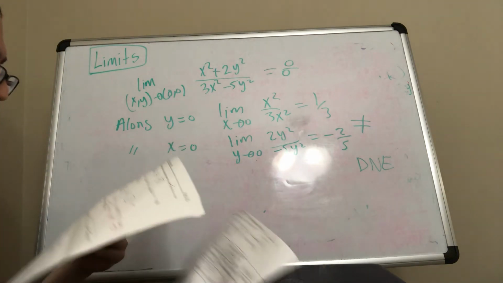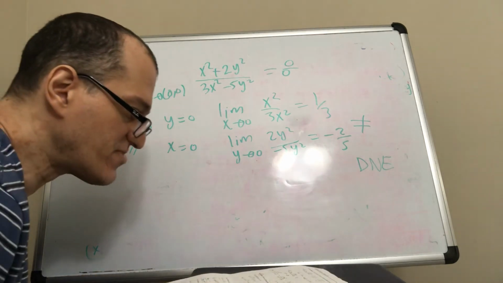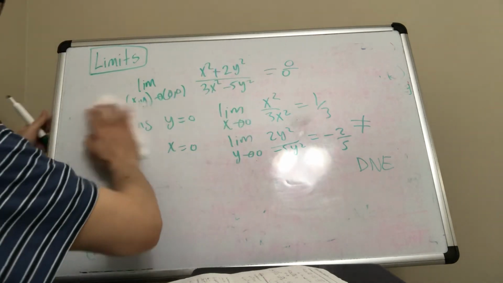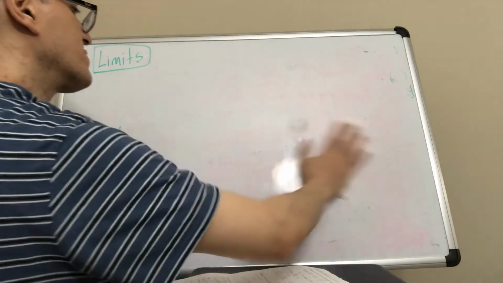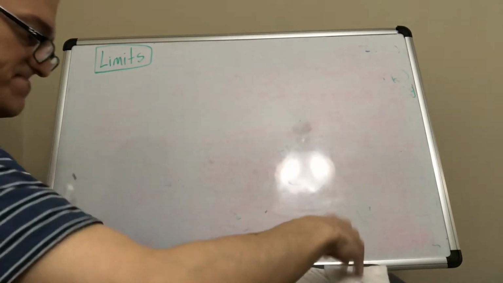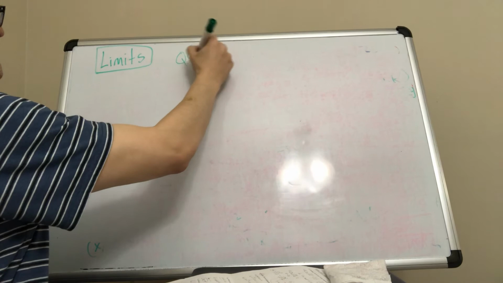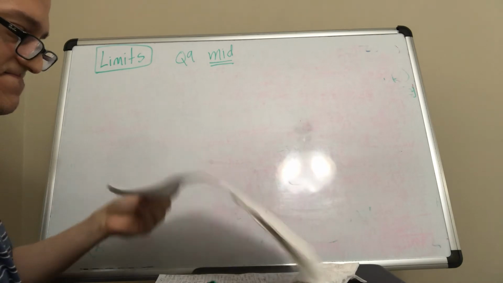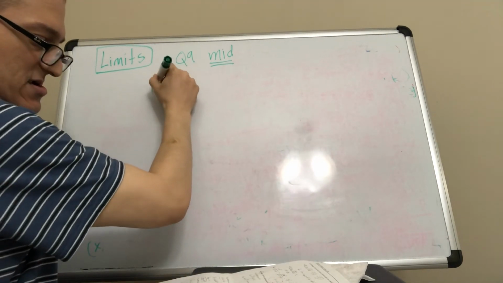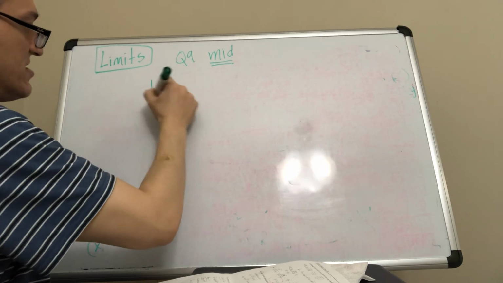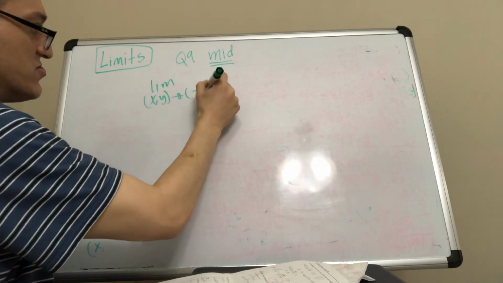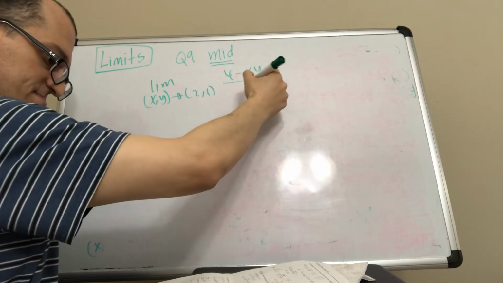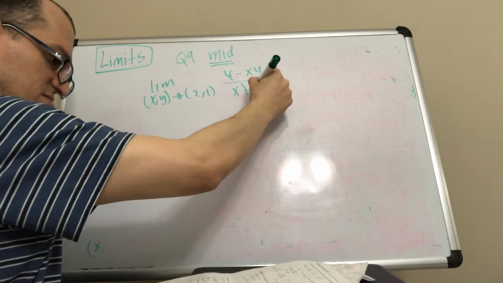I'll go to the midterm review. Question 9 in your midterm was the question involving limits. First one, limit xy goes to 2, 1, of 4 minus xy over x squared plus 3y squared.